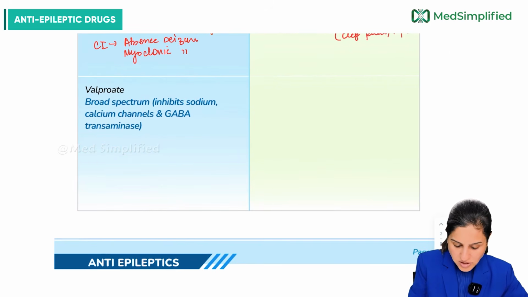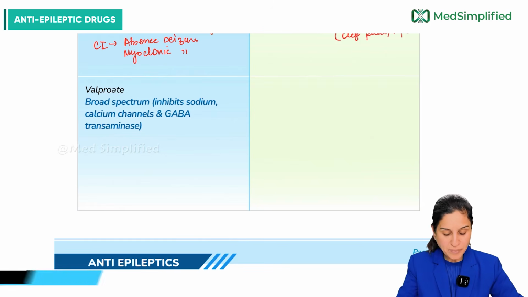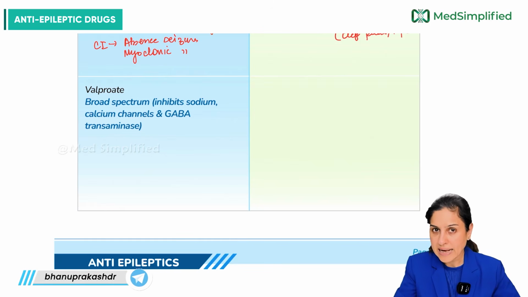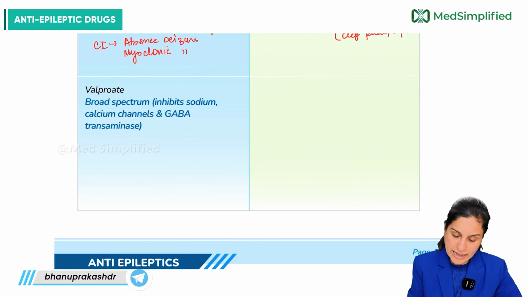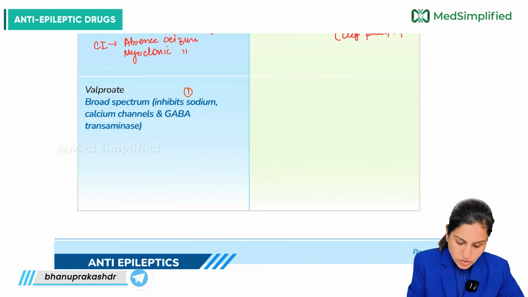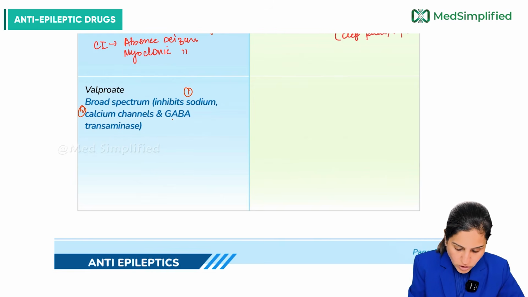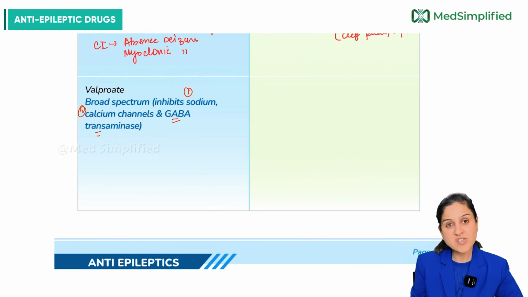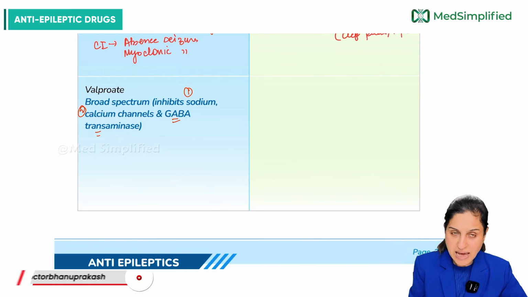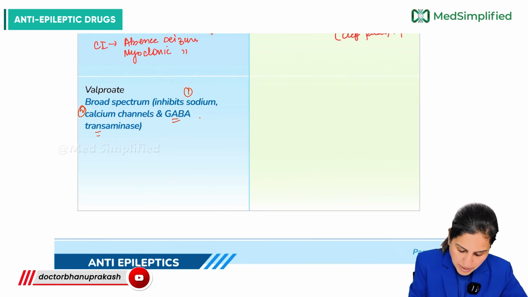Moving on to the next drug, valproate. Now valproate is a broad spectrum anti-epileptic. What do we mean by that? It inhibits number 1, the sodium channels, number 2, the T-type calcium channels, and also inhibits the enzyme GABA transaminase. Now GABA transaminase is involved in the metabolism of GABA.